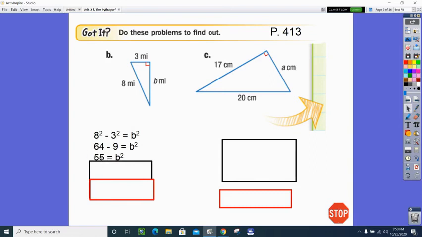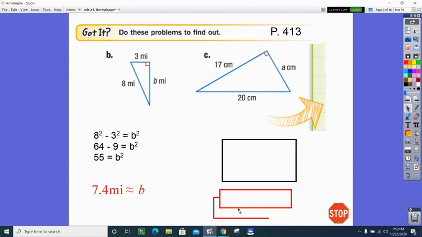Square root of 55 is an irrational number. It is not a perfect square, so we're going to have a long decimal. I'm going to round it to a tenth. And when I round it to a tenth, it is about 7.4 miles. And I give the squiggly equals, the approximation.